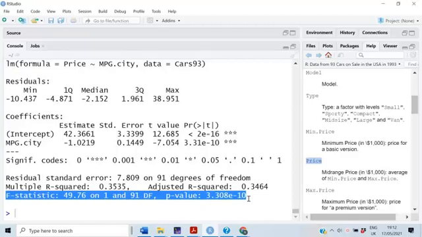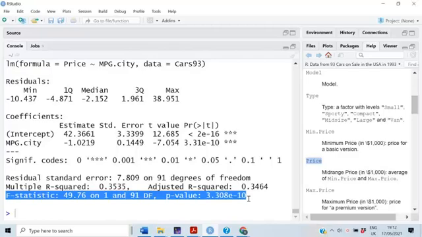So you can also use the F statistic to conclude it. So that's about how you explain the output. Is it okay? Any question? Other than that, I move on.